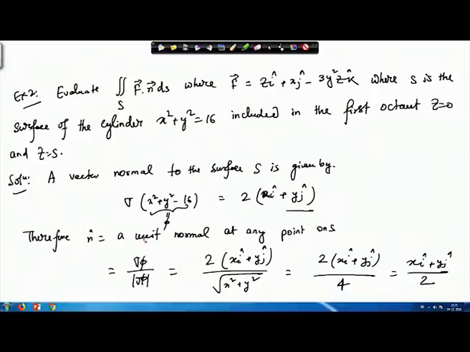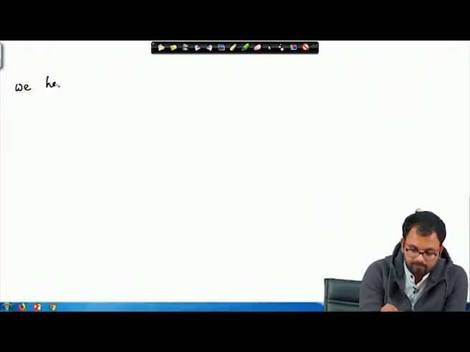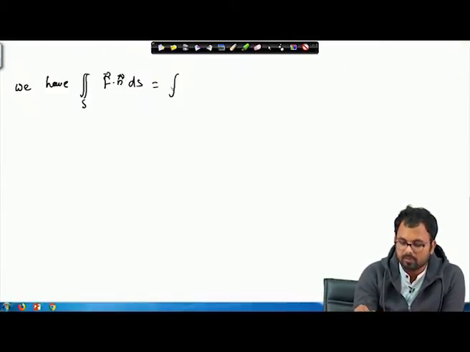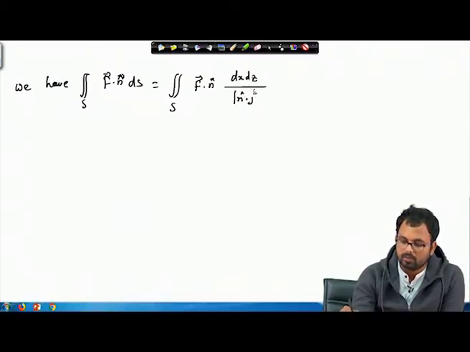Now since we have a cylinder whose base is x square plus y square equals 16 and height is 5, we take a projection either on the xz plane or the yz plane. So if we take the projection on the xz plane, we have the surface integral over S of f dot n ds, or let us say n cap. So this can be written as surface integral over S of f dot n, and if I take the projection on the xz plane, then dx dz, divided by the absolute value of n dot j, right.